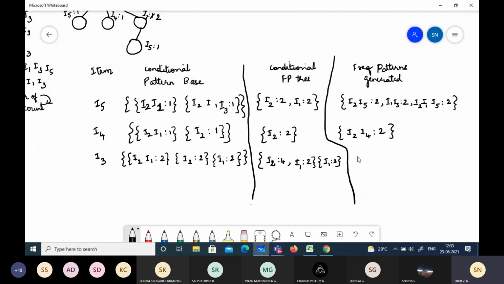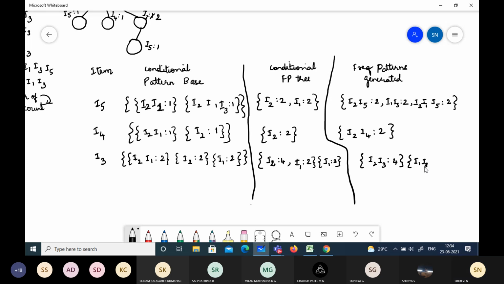Now let's perform the join operation. I2 with I3. I2 with I3 join, and the count here is 4. Then I1 with I3.